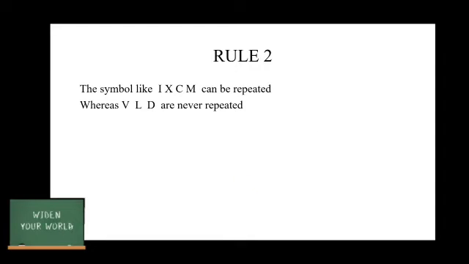The second rule. Symbols like I, X, C, M can be repeated. As we saw in the previous rule, I is repeated. Like that, X, C, M can also be repeated.